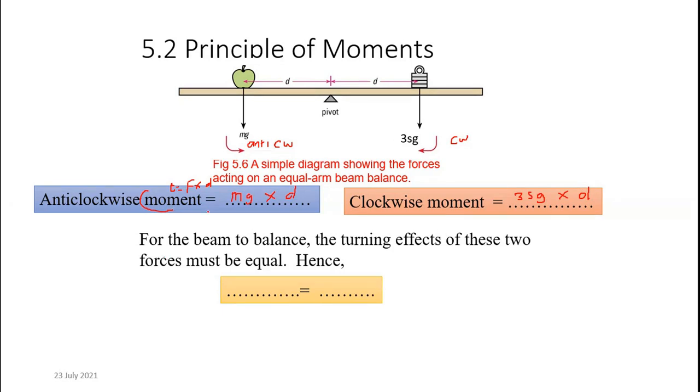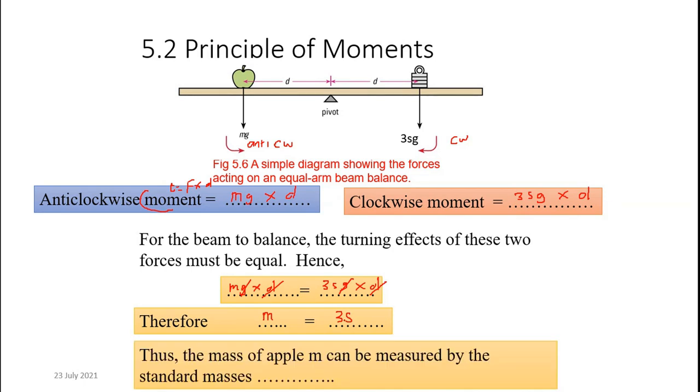The anti-clockwise moment is equal to the clockwise moment. mg multiplied by d is equal to 3sg times d. Because we can cancel d, and cancel g and g, m is equal to 3s. Thus, the mass of the apple m can be measured by the standard masses 3s.